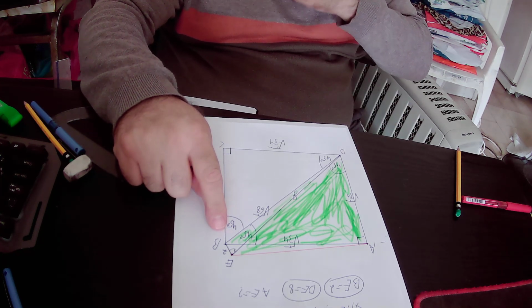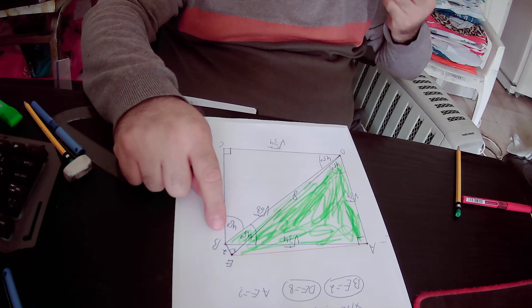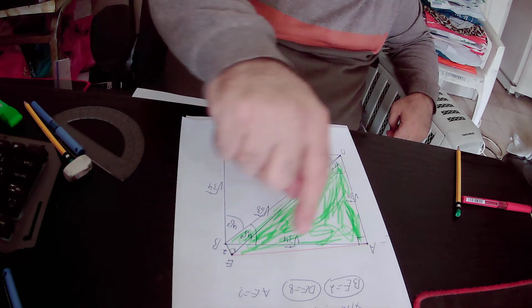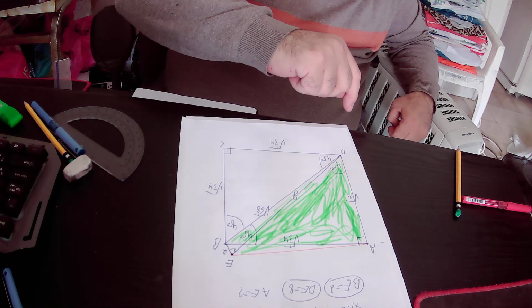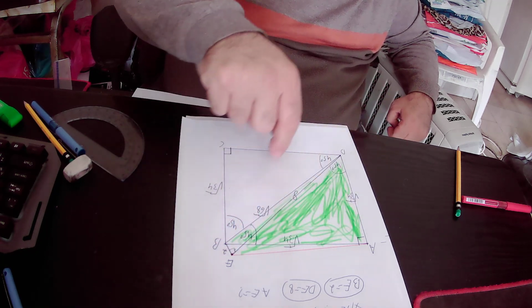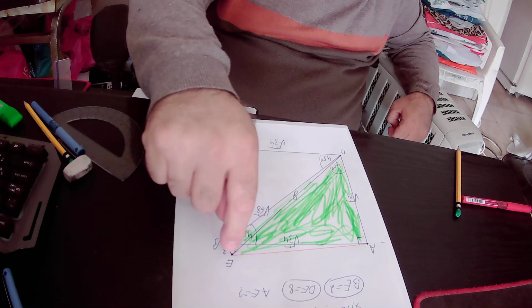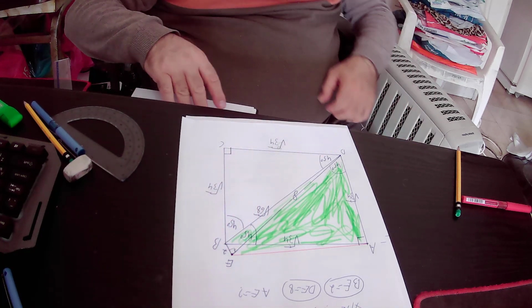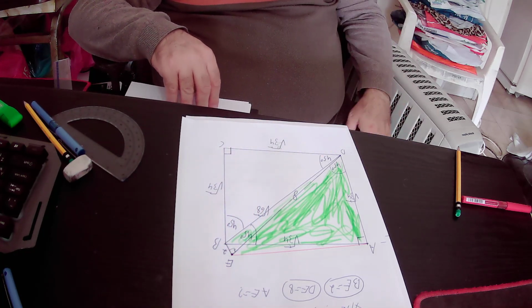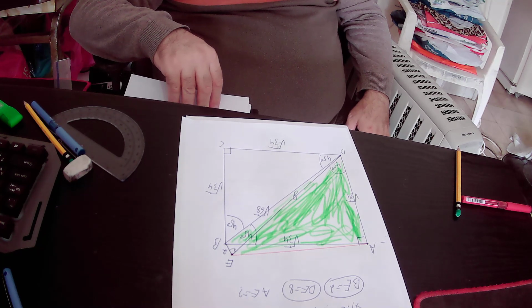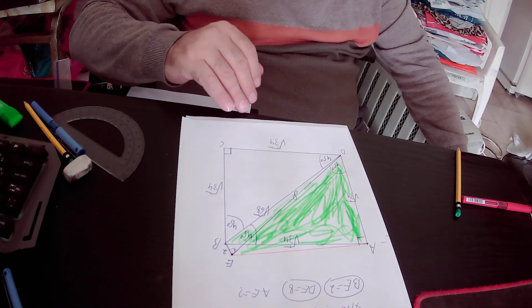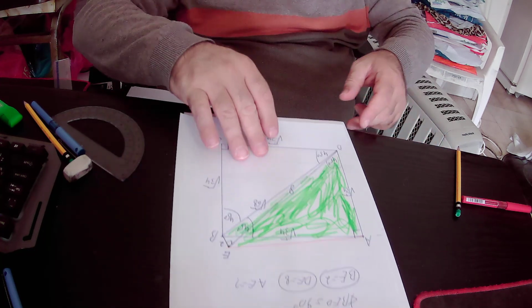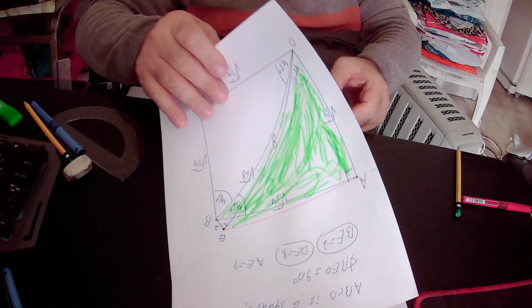Therefore, according to rule number 2, the quadrilateral AEBD in the green color is inscribed by a circle, and the 4 points A, E, B, and D lie on that circle. This is true according to rule number 2. Okay, so actually we have quadrilateral AEBD. This is inscribed by a circle.